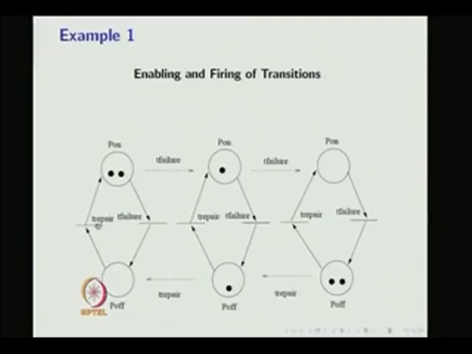Therefore, the transition T repair will not enable. If T failure enables, then the required number of tokens will be removed from the place P on and the required number of tokens will be deposited in the place P off. So, once the T failure enables and fires, enabling and firing of transition.